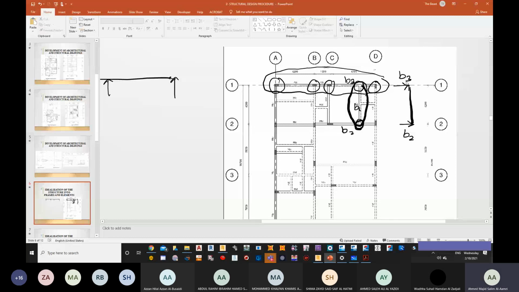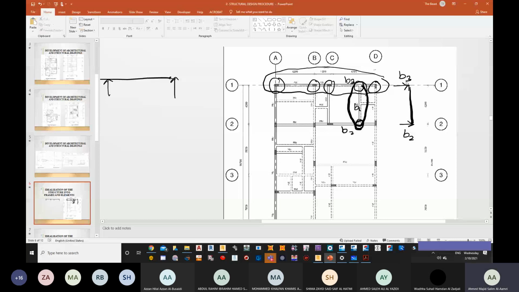Are we fine? Now, in this junction, is B1 acting as a support or is it acting as a load? If this big beam is called, for example, B capital, is beam number 1 acting as a load, a reaction, or a support?